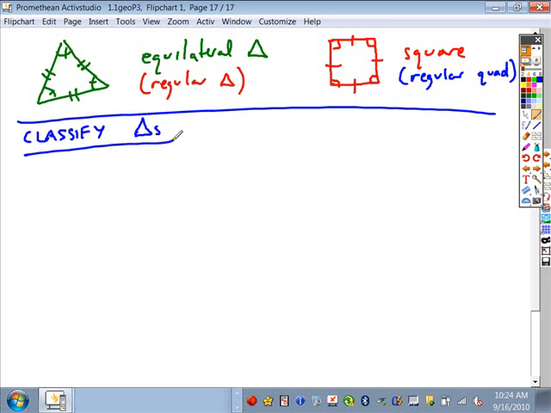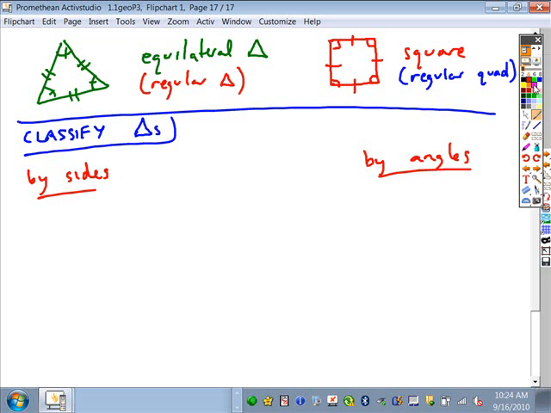Let's take a look at how to classify triangles a couple different ways. We can classify triangles beyond just being a convex polygon by their sides or by their angle measures.